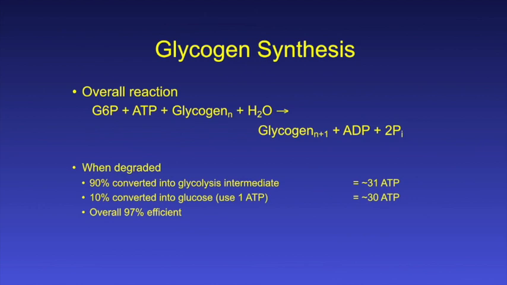The efficiency of storage of this molecule, I can get back 97% of all the potential energy by putting a glucose into glycogen. That is a very, very high efficiency rating. We save almost all of the energy and use very little to make it a storage molecule.